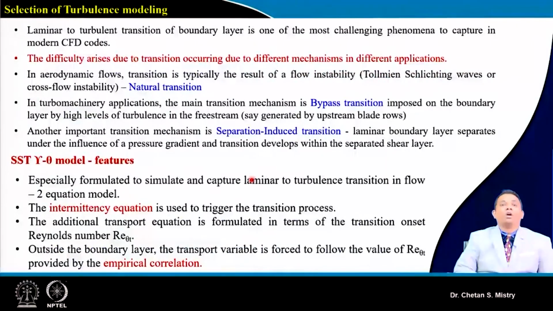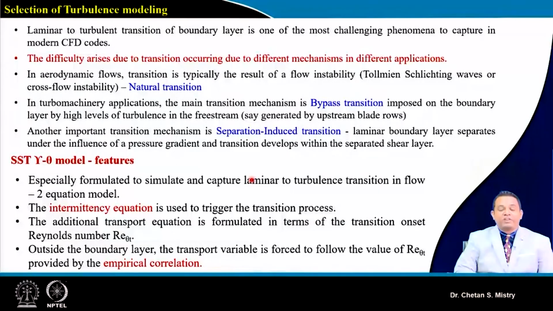Now we know what is happening on the suction surface of the blade. Initially the flow is laminar. After a certain percentage of chord, the flow goes under transition, and later it goes under turbulent condition. All the models we have discussed, the Lomax model, the SA model, the K epsilon model, the K omega model, are unable to capture the flow transition, and the flow transition is of different kinds.